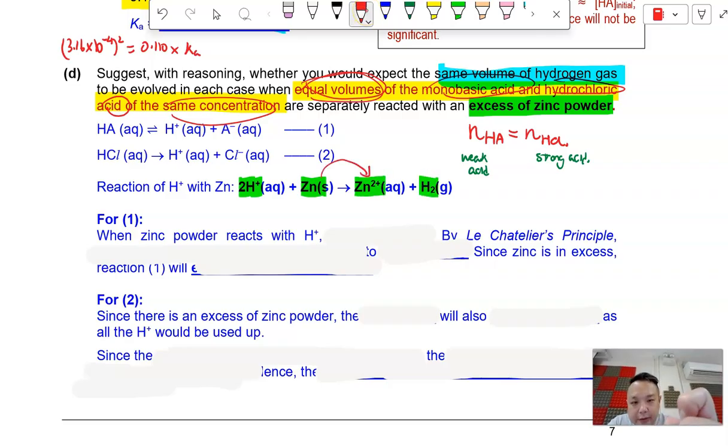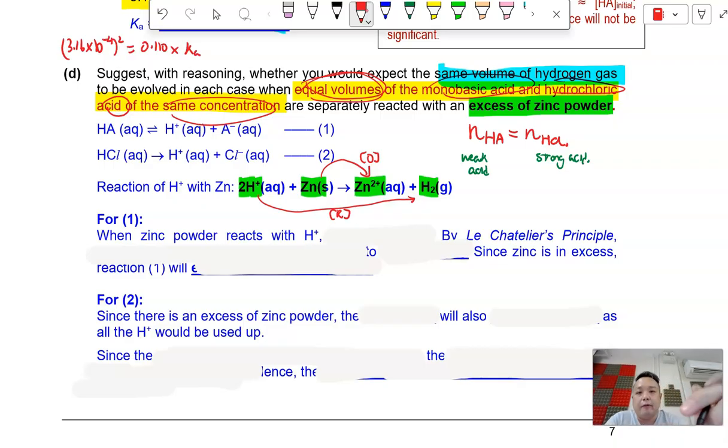Your zinc is oxidized to zinc 2 plus, H plus is then reduced to H2. So it's an acid-metal displacement reaction, like what you learned in O levels, but what's going on essentially is that the H plus ions in the acid are being reduced to H2 gas, whereas the metals are being oxidized to the metal cations.